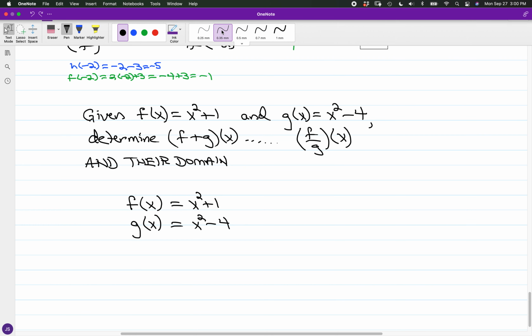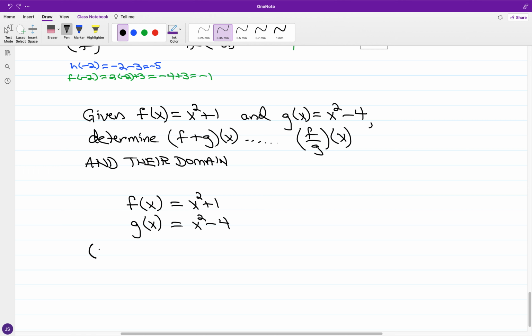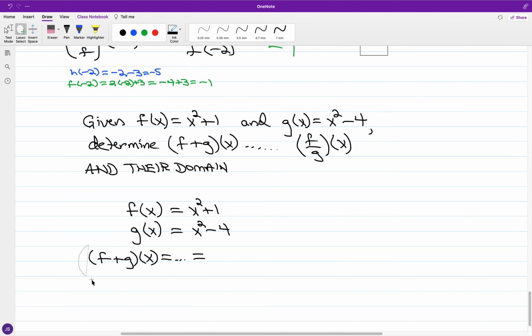Okay, so for f plus g of x, we're looking at combining x squared plus 1 and x squared minus 4.